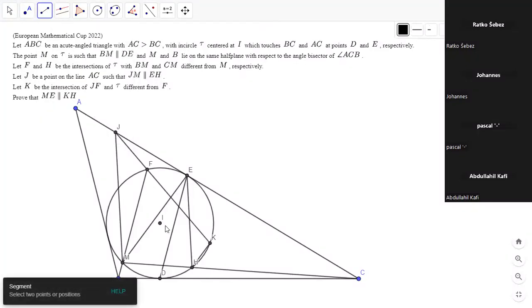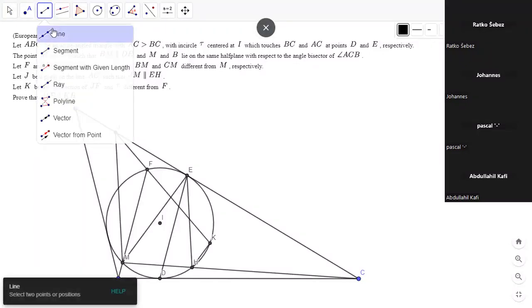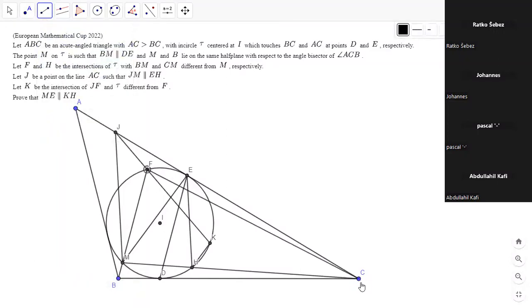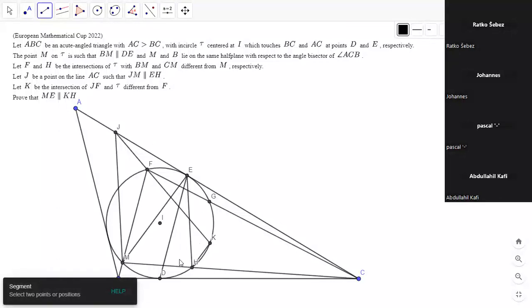Yeah, you can, for example, intersect FC again with the incircle, and you get another two parallel segments, FM and that H, and they also intersect on CI.